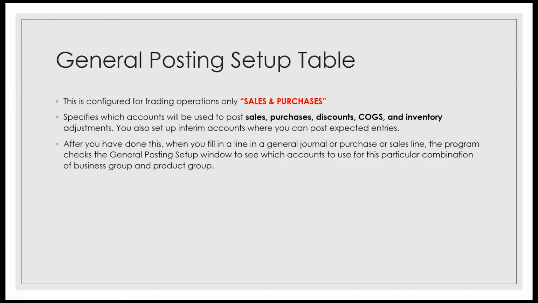And you can imagine how many accounts you might have here, all right? But this is basically related to trade. The general posting setup, or general posting groups, is more related to inventory and how the inventory is being held in the different areas.